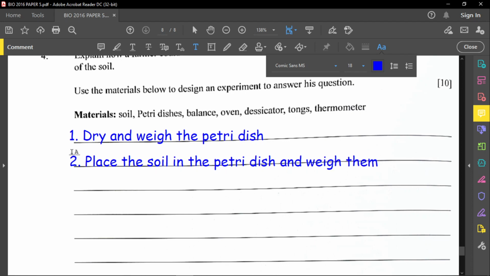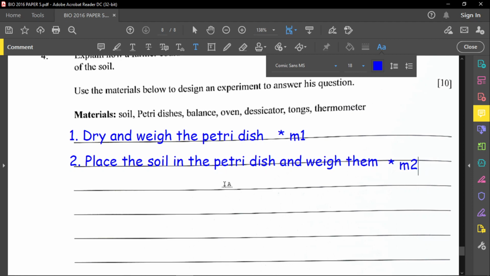Just to make a note right here, this here will be our mass 1, say M1, and then this here will be our mass 2. Let's use lowercase m. So mass 2.